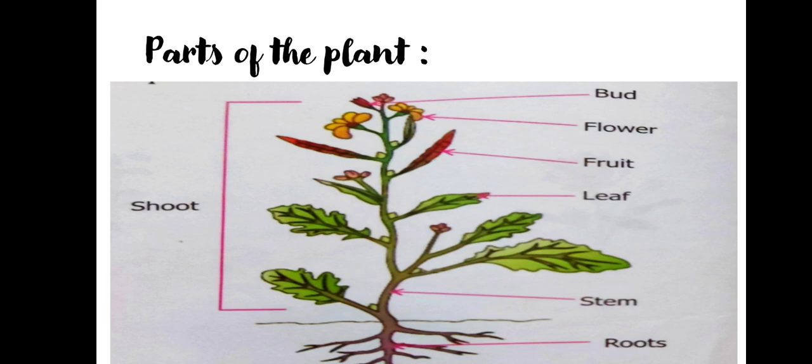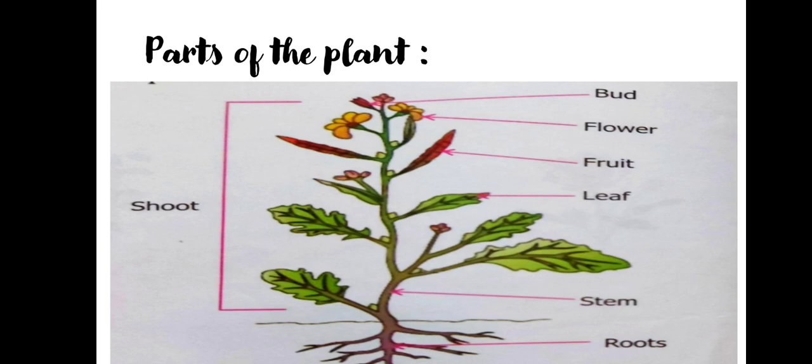Above the ground, the first main part is stem, and then stem has many branches. On these branches, leaves are there, fruits are there, flowers are there, birds are there. So the different parts are present on the stem. As you are seeing, leaves, fruit, flower and bud.